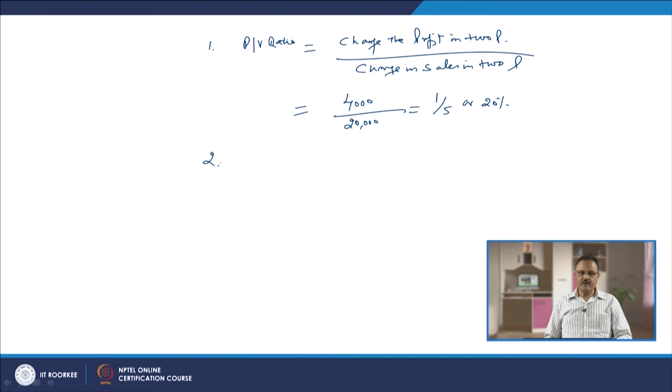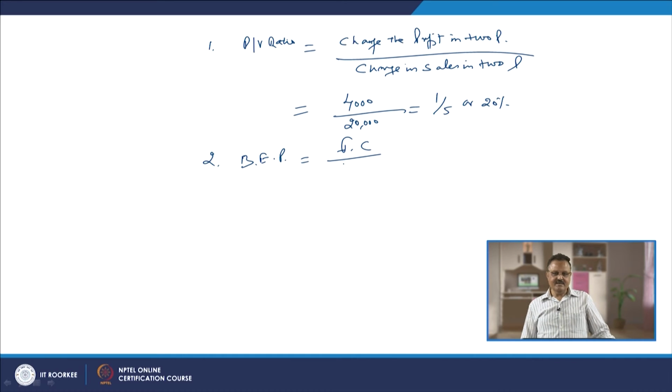What is the formula of the break even point? If it is to be found in units, the formula is fixed cost divided by selling price per unit minus variable cost per unit.